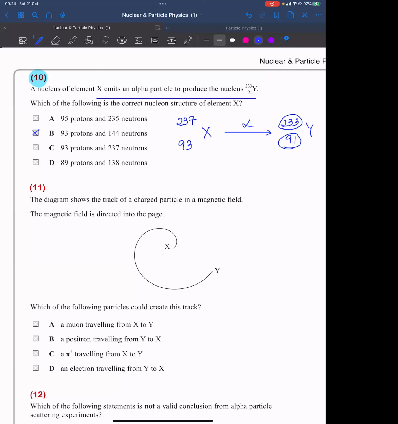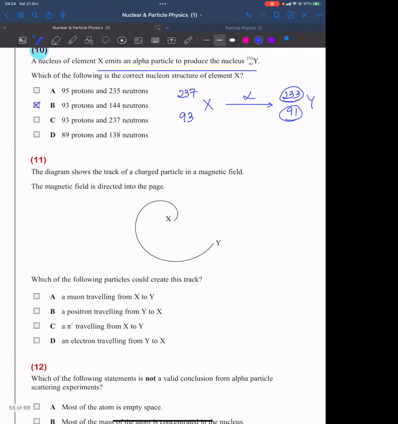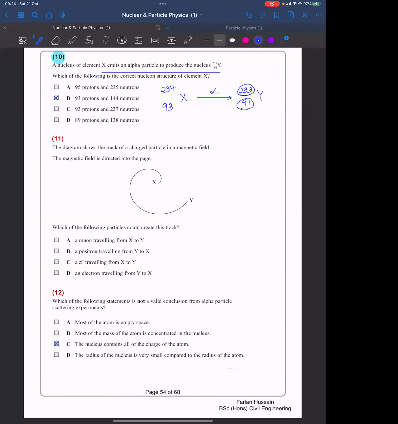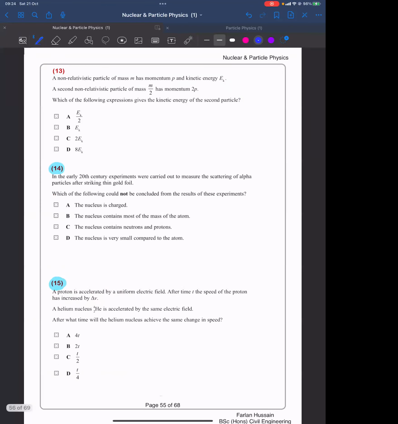The answer is B. Correct? Have you got this answer? Right. 10 is B.